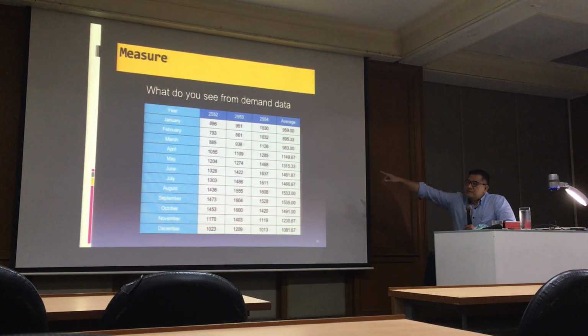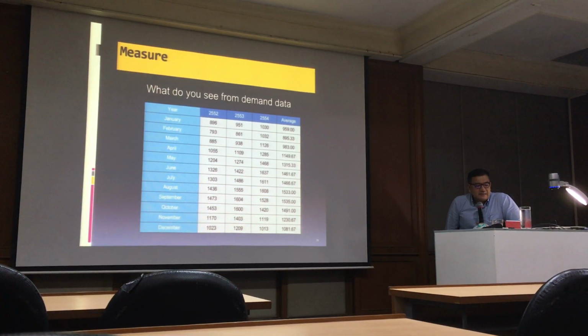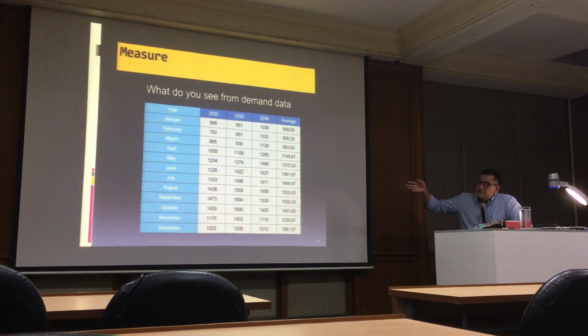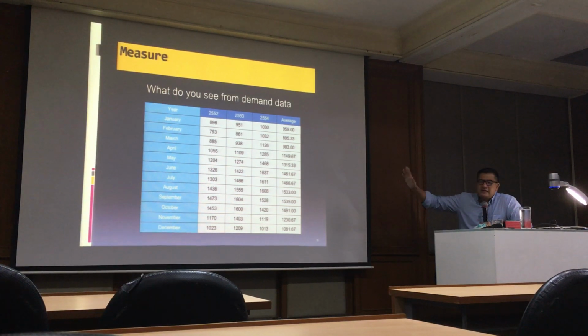But just considering this monthly demand, you might see that every year provides the same information, because even with the average, you can see that there is an uptrend and maybe seasonality. If you look at this data, it is still not that difficult to see because it's monthly data. But if daily, we have no idea because there are a lot of numbers. We cannot see the pattern.